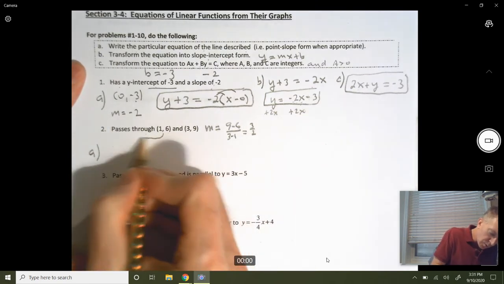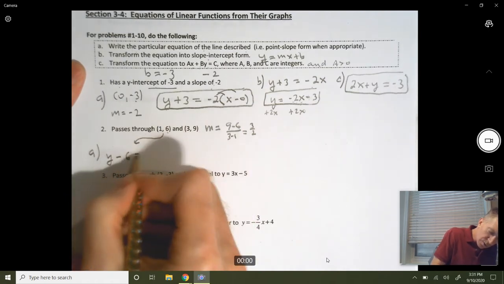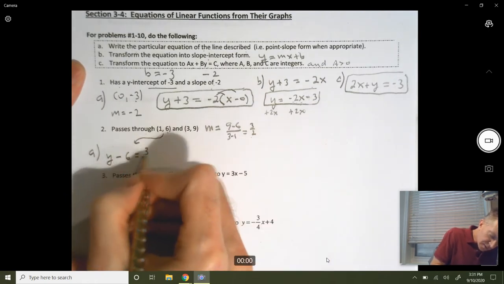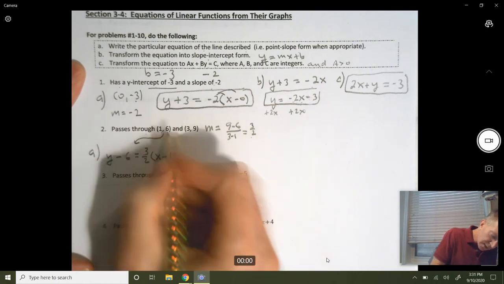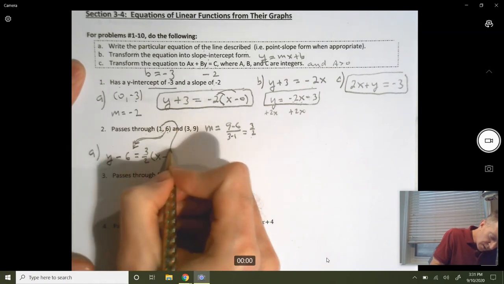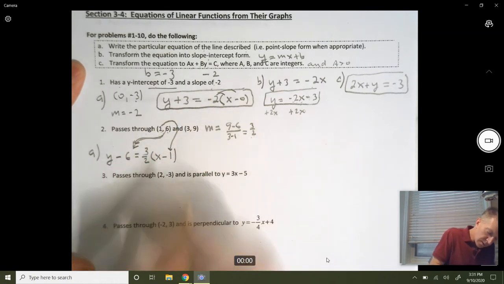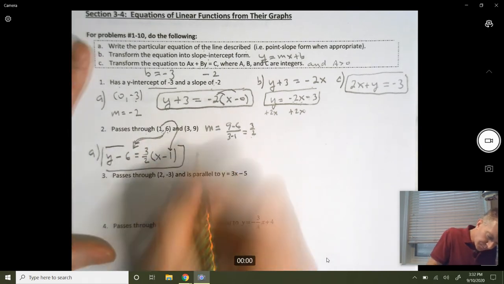So I'm going to use this point. So y minus 6 equals your slope, 3/2, times x minus 1. So that -6 goes in there. This 1 goes in over here. Your slope goes in there. So right there, there's your point slope form.